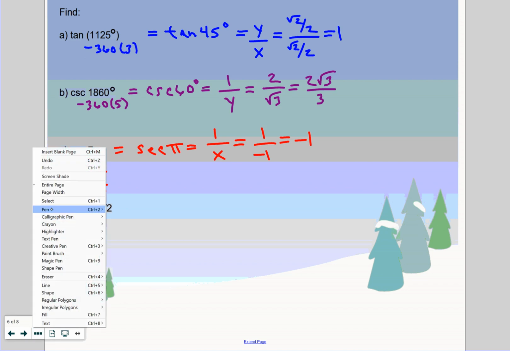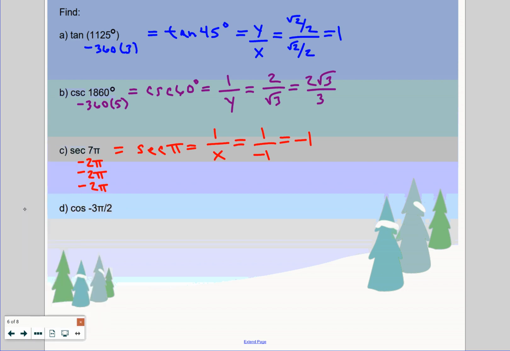Okay, one more here. Now I've got a negative angle and it's a radian. So negative is too small for my unit circle, so we're going to add 2 pi to that number. And remember, we can maybe think of that with a common denominator. Instead of 2 pi, let's think of it as 4 pi over 2. All right, so I have -3 pi over 2 plus 4 pi over 2, which would give me 1 pi over 2.